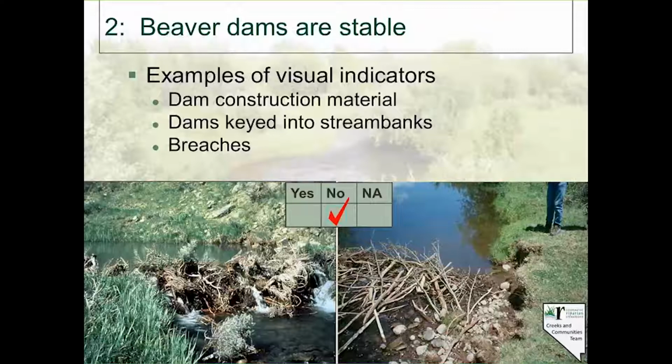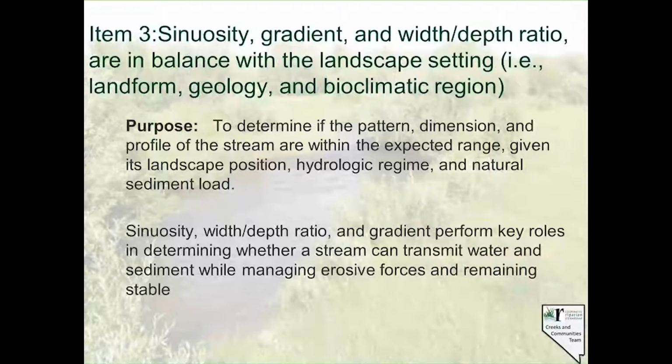Item number 3, sinuosity, gradient, and width-to-depth ratio are in balance with the landscape and setting, i.e. landform, geology, and bioclimatic region. The reason we want to do this is every stream has a stable type, if not maybe 2, maybe 3 stable channel types that could be there.